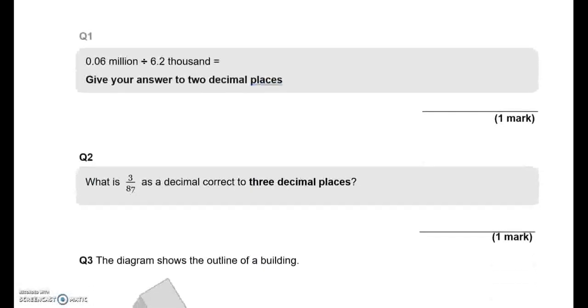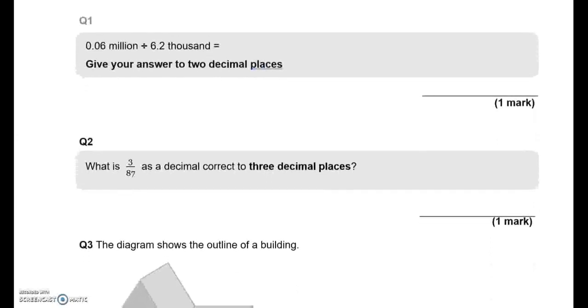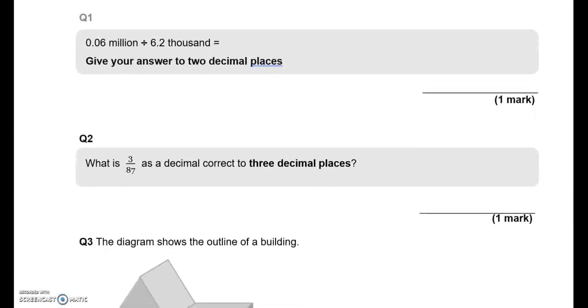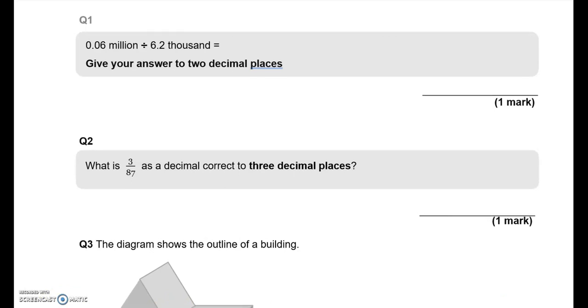Question number 1. 0.06 million divided by 6.2 thousand is equal to what? Give your answer to 2 decimal places. I'm going to rewrite these numbers. 0.06 million.